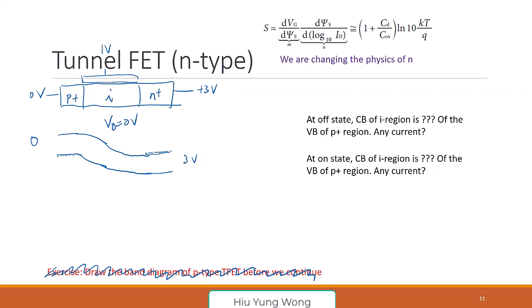So in this case, do I have current? Again, I don't have current because, well, electron like to go here, but very few. This is p-type. Hole like to go here, but again, this is n-type.